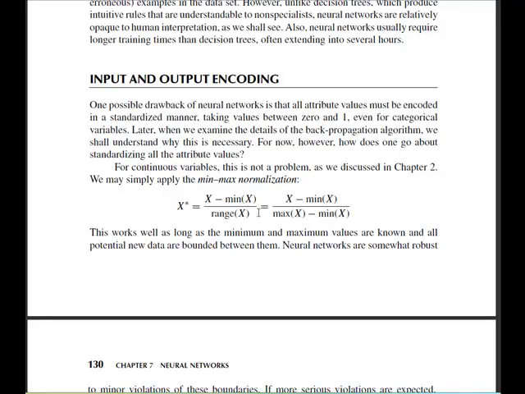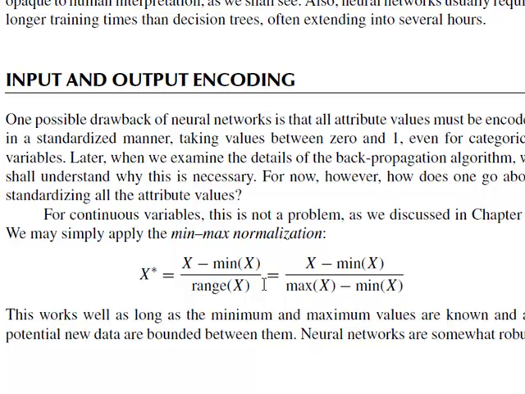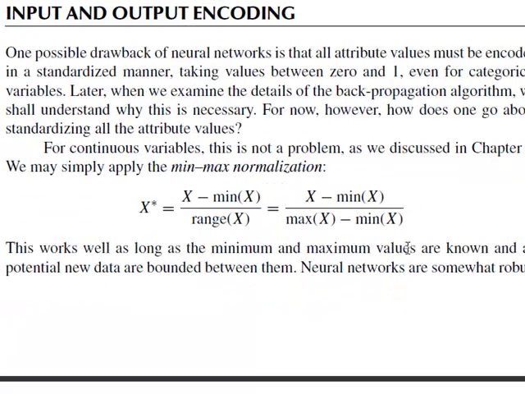Even categorical variables have to be between 0 and 1, whatever that means. Later, when we examine the details of the backpropagation algorithm, we shall understand why this is necessary. For now, however, how does one go about standardizing all the attribute values?